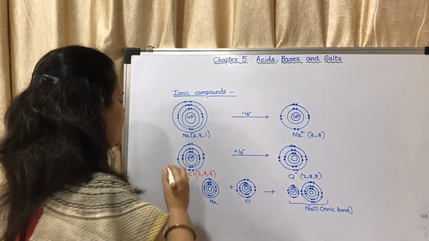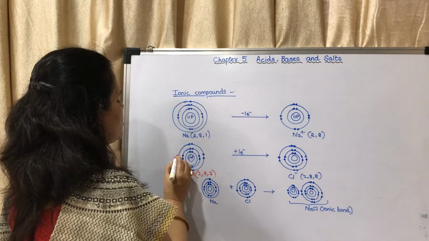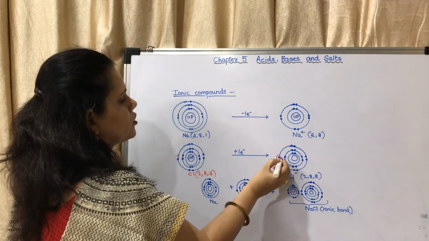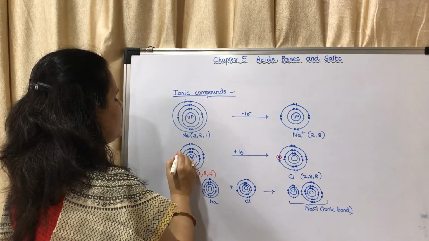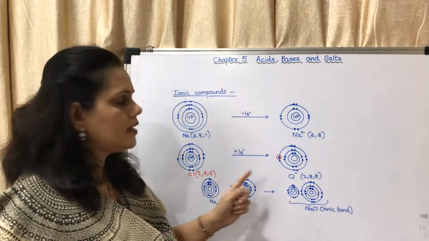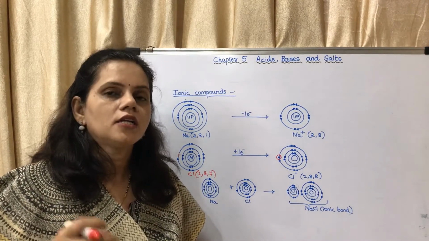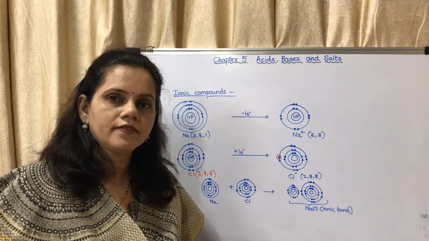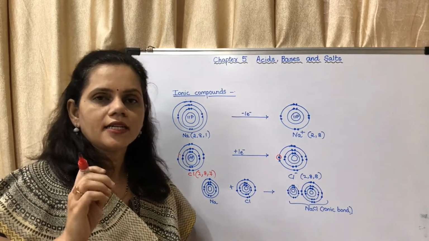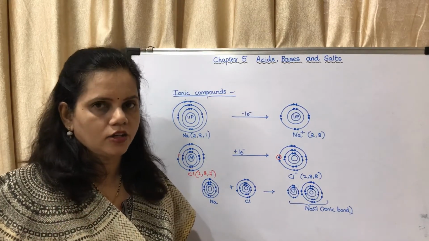Here you may see there is no electron and here there is 1 electron. So that is the difference. This is having 2, 8, 7 and this will be 2, 8, 8. That means it has taken 1 electron. As it has taken 1 electron, it will become a negative ion, that is a 1 minus ion.